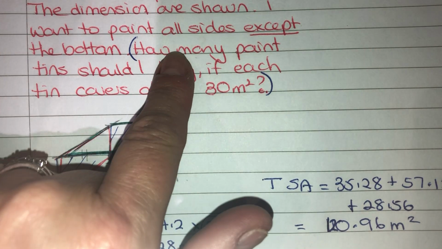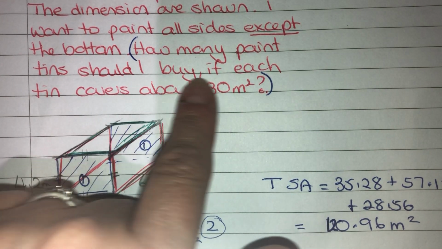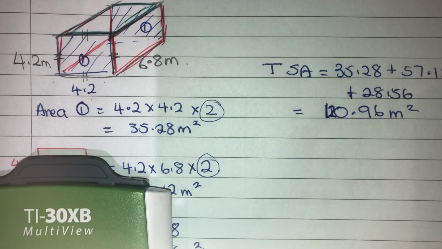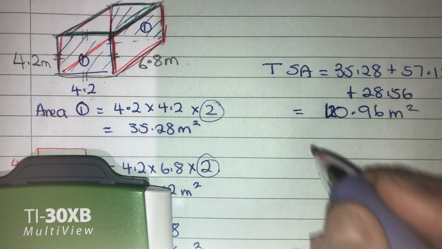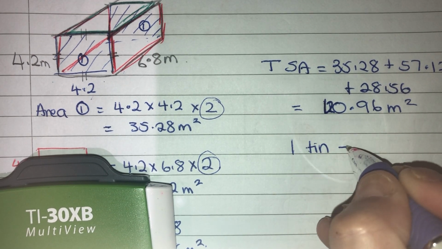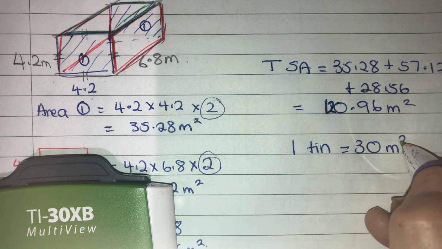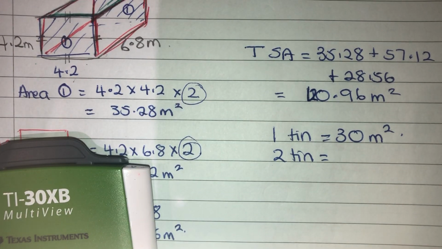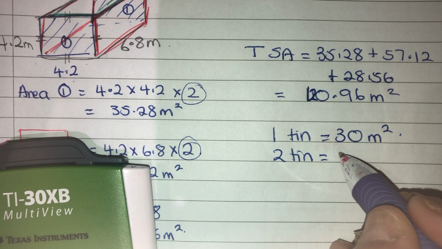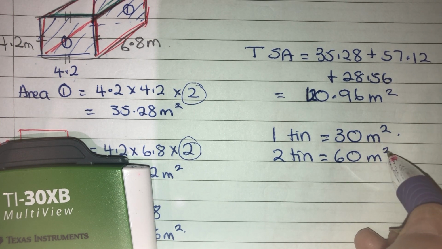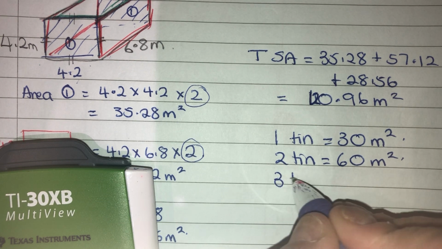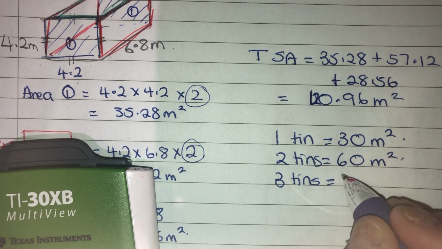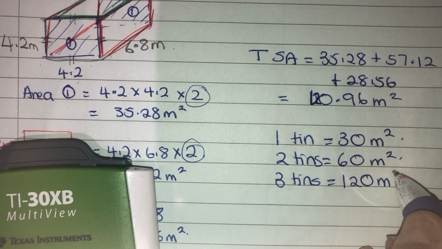But if we go now back to the brackets, how many paint tins should I buy if each tin covers about 30 meters squared? So, one tin will get us 30 square meters. So, if we buy 2 tins, we can cover 60 square meters. 3 tins will cover, I'm just going to add another 30, 120, and we're very close.